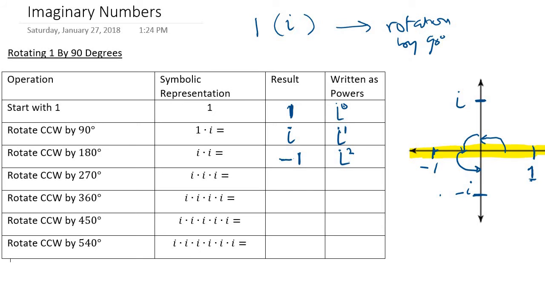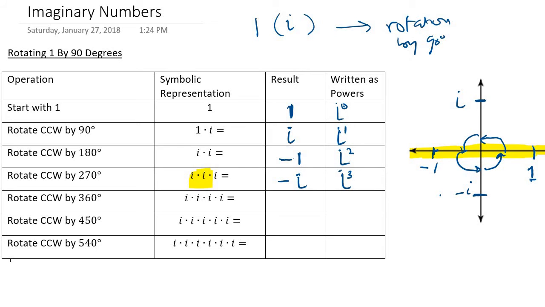So a triple rotation by 90 degrees ends up at negative i. That can be written as i to the power of 3, showing we are multiplying i by itself 3 times.